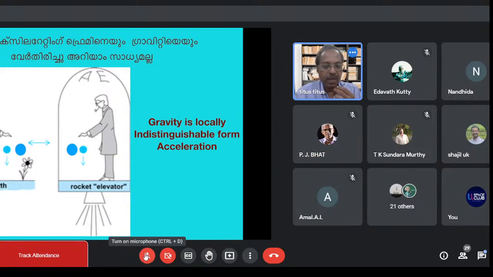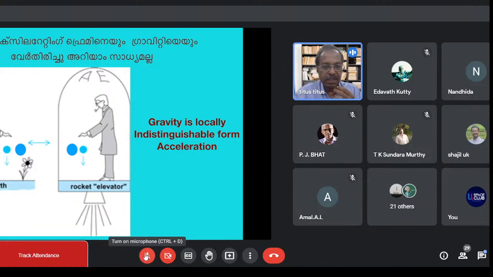Okay. So look at the man on the surface of earth. He is dropping two balls of different masses from the same height. And we know what is going to happen. We know that these two balls, irrespective of their differences in mass, will fall equally fast and hit the ground at the same time.